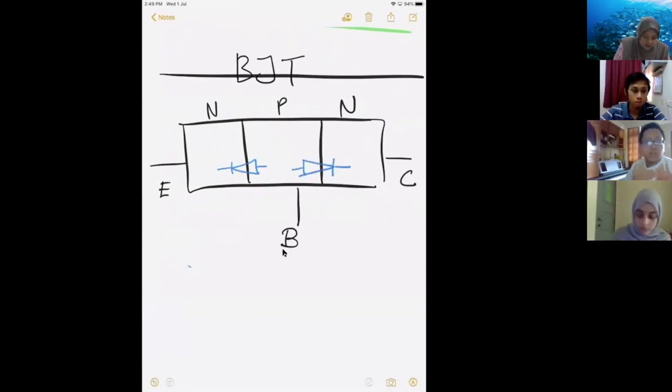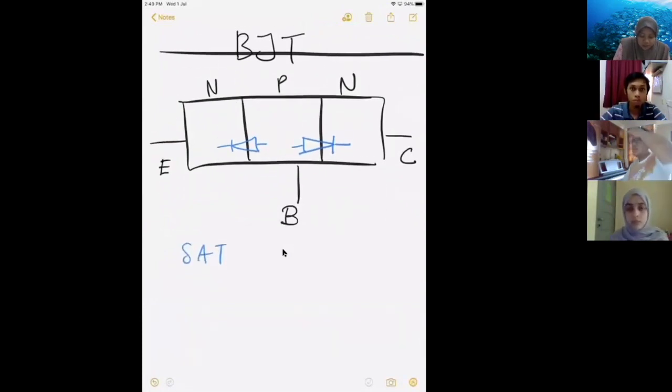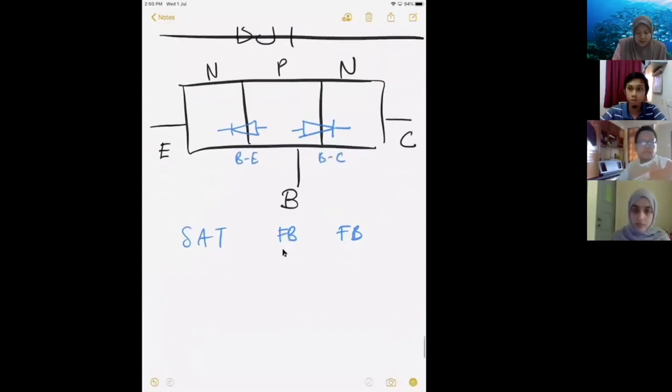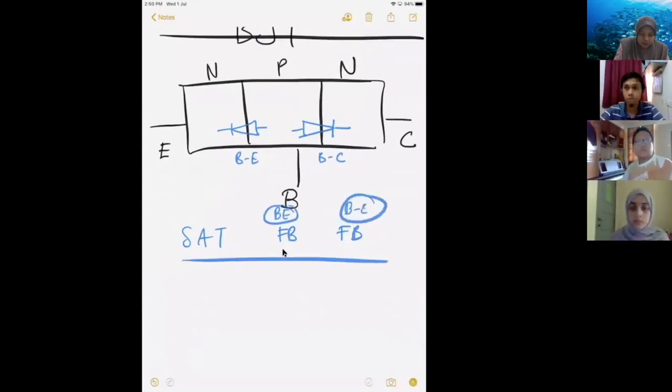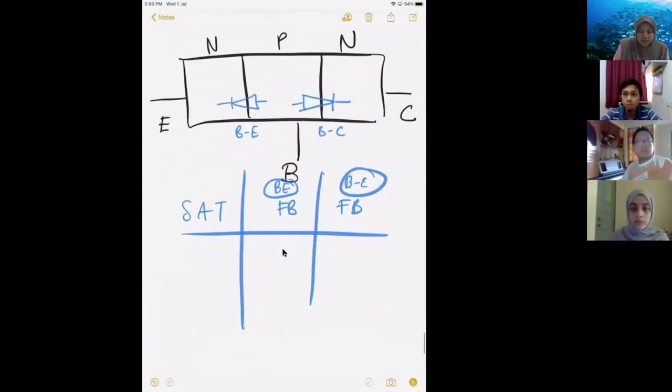So that's why in saturation mode, you forward bias both junctions. Here we call it the base to emitter junction, or base to emitter diode, and here the base to collector junction. In saturation mode, you forward bias both junctions.